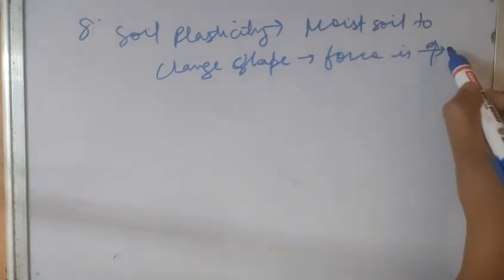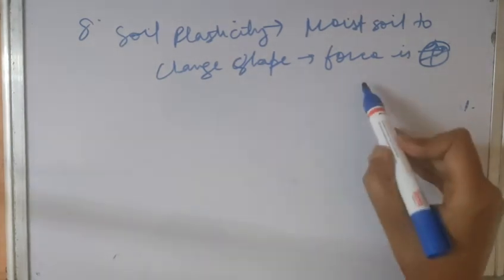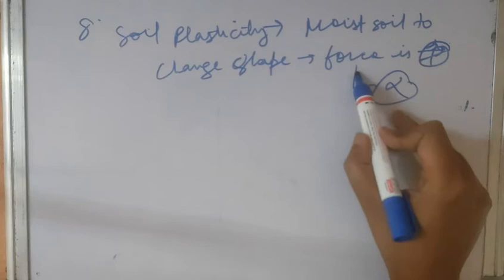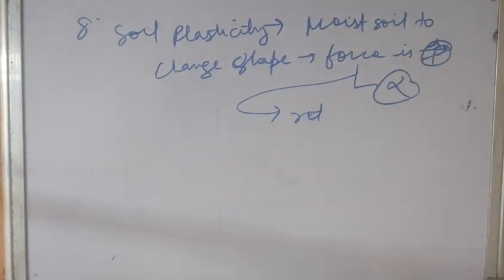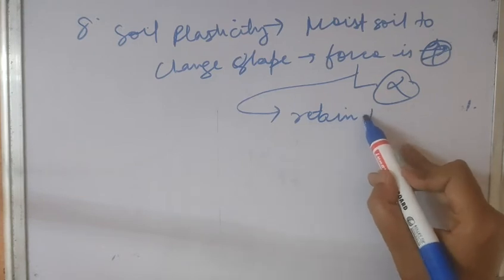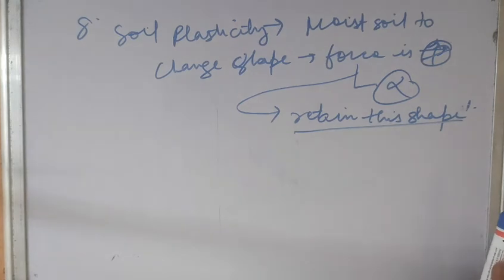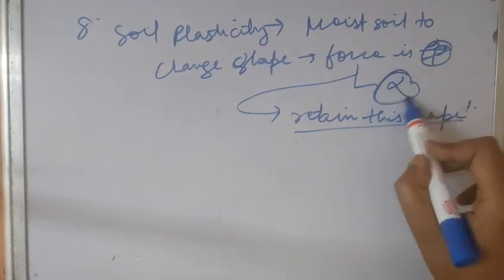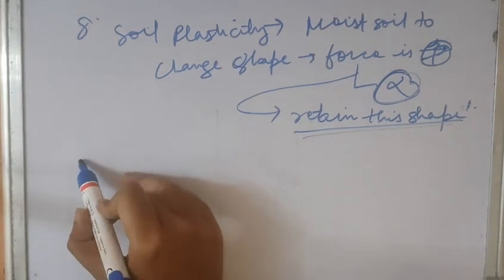But when the force is removed, they retain the shape. So in moist soils, they change shape when force is applied, and when the force is removed they still retain the shape.